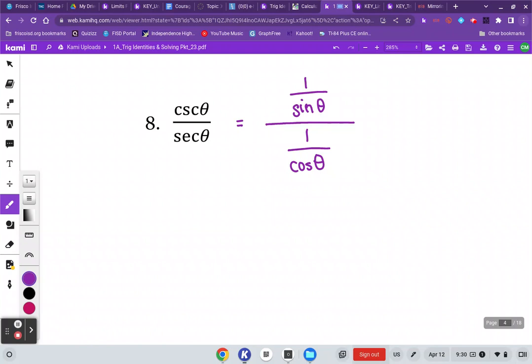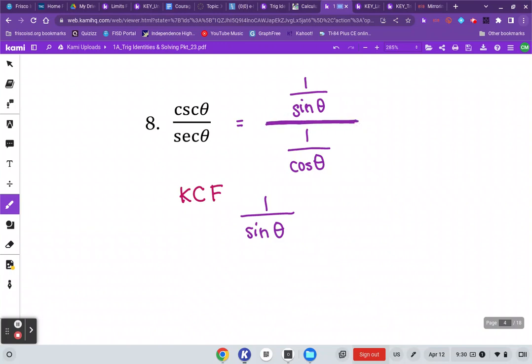So now I have this big ugly fraction, but it's not so crazy bad, because I can do keep, change, flip in order to calculate. In order to do that division, I can do keep, change, flip. We've done that quite a bit since unit circle stuff, right? So I'm going to keep the first fraction, 1 over sine. I'm going to change that division there. I'm going to change it to multiplication and flip the second fraction. Flip it over. Now do your multiplying.